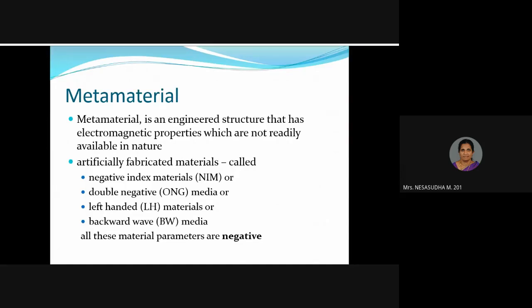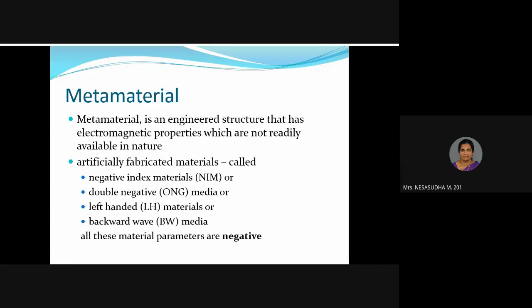In the metamaterial, the permittivity, permeability, and refractive index are all negative. Since both permeability and permittivity are negative, it is called a double negative material or double negative media. It is also called a negative index material, since the refractive index is negative.